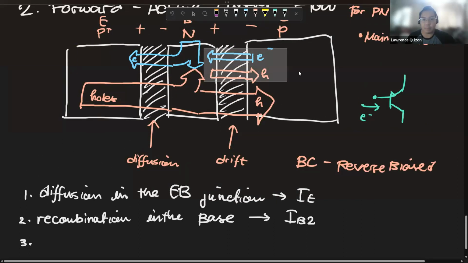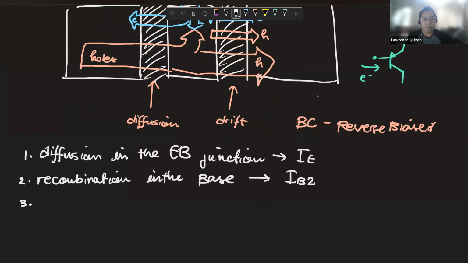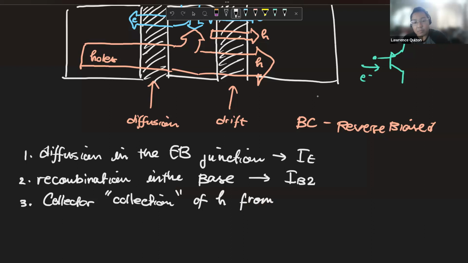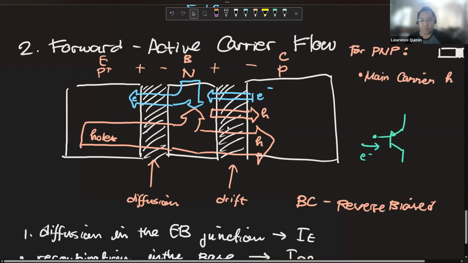We also have the collection of holes from the emitter, that's this part, right?